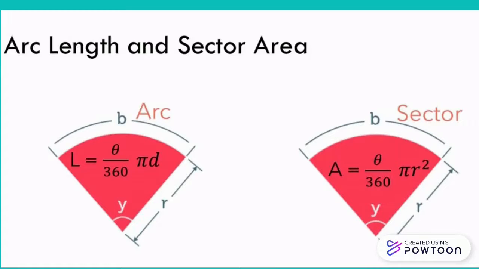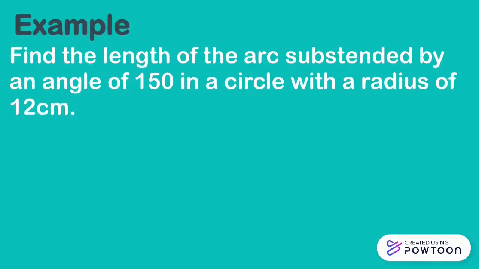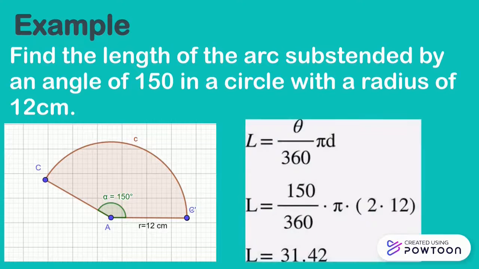So let's do some examples. Here, find the length of the arc subtended by an angle of 150 degrees in a circle with a radius of 12 centimeters. I have a center angle of 150 degrees and a radius of 12 centimeters in a circle segment. So I can plug it into our formula.